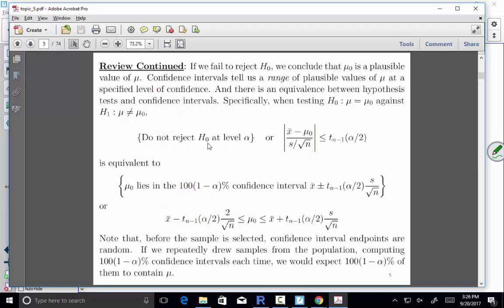An alternative way to say that is that we will not reject the null hypothesis. We'll stick with our original assumption if our statistic is close enough to the mean, not past the threshold that corresponds to alpha.